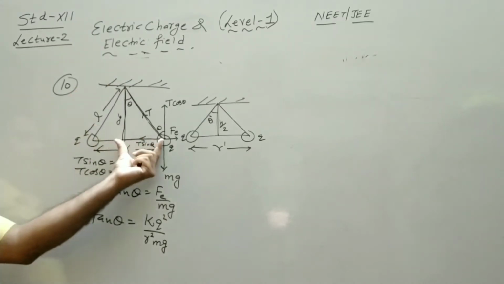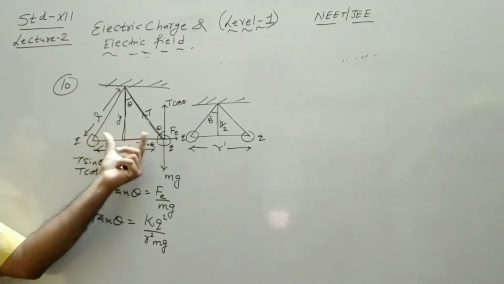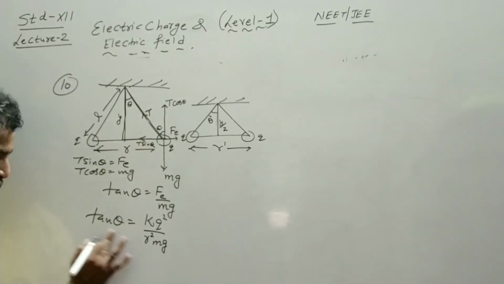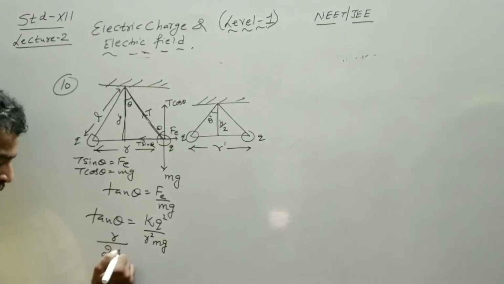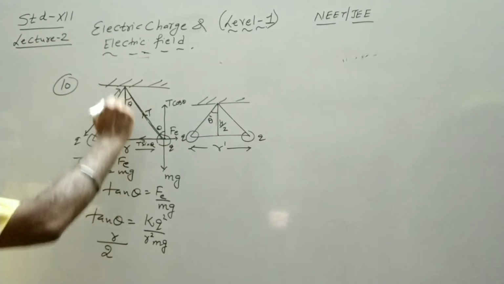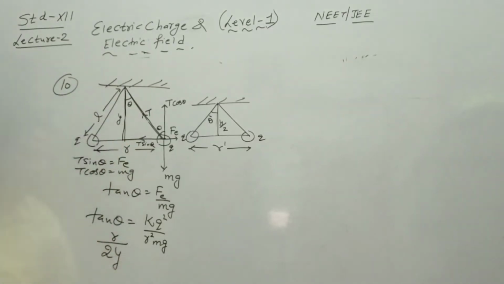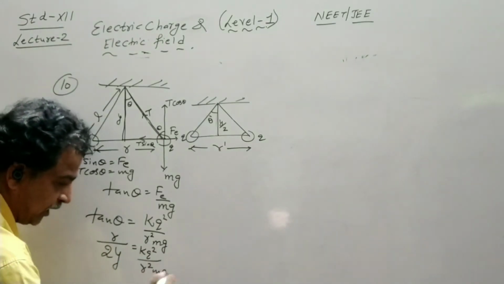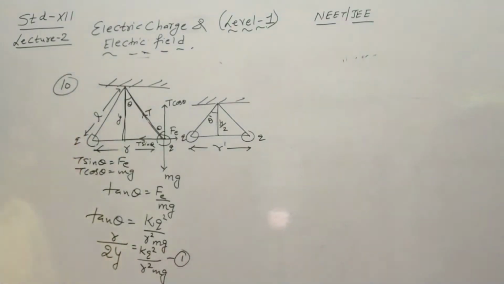Opposite is R by 2, since the entire distance is R. So tan theta is R by 2 upon the adjacent, that is y. So R upon 2y is equal to KQ square upon R square mg. This is our equation number 1.